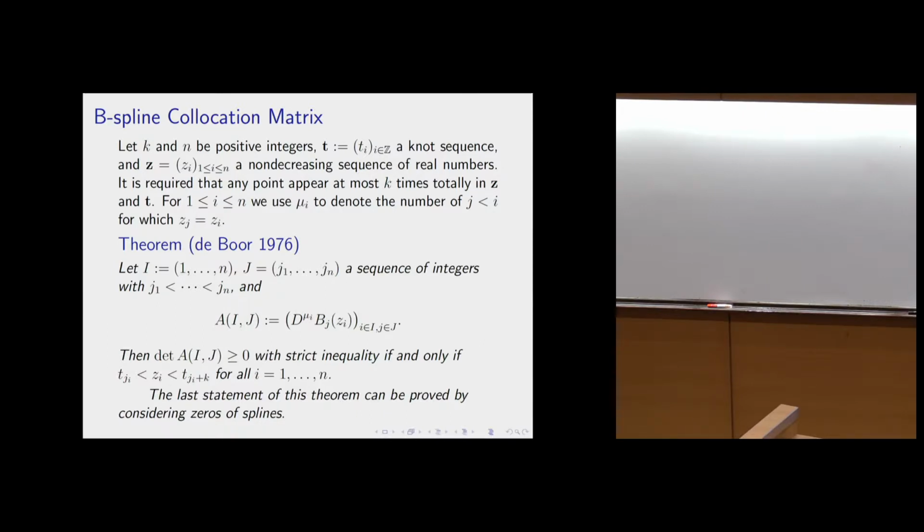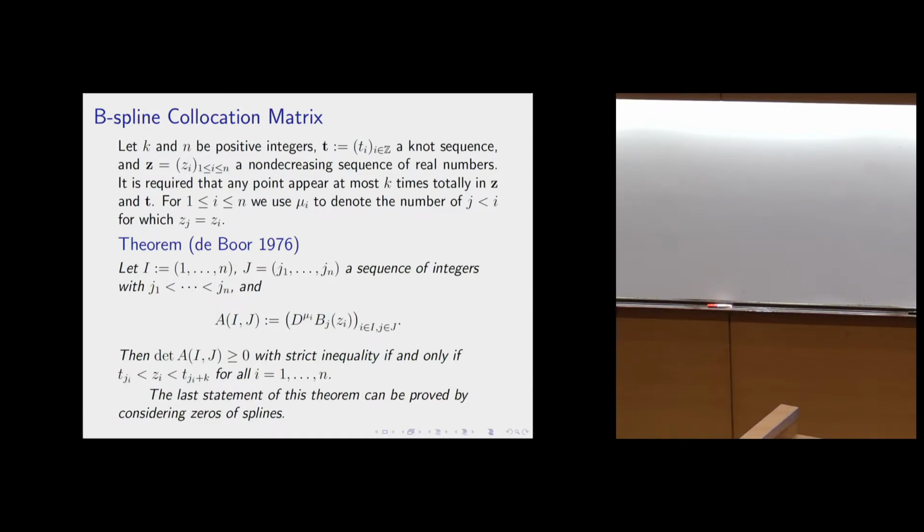Here we have the most general result on the B-spline collocation matrix. When the knot sequence is strictly increasing, this was, as we mentioned, done by Schoenberg.